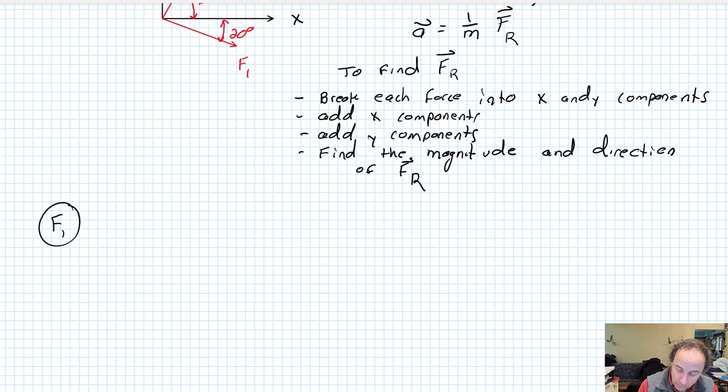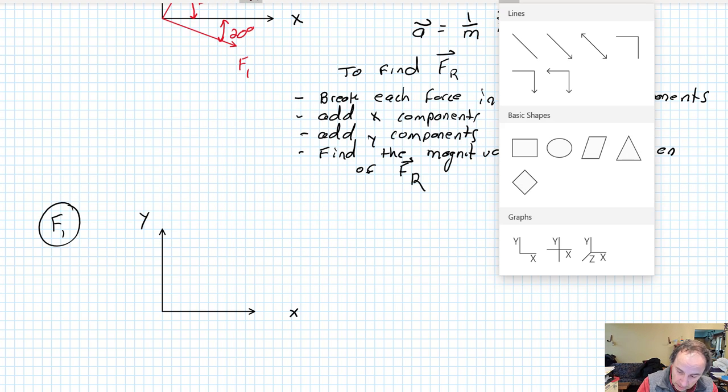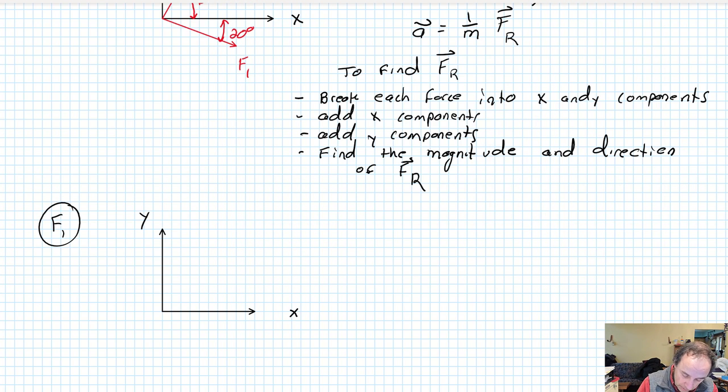Let's get our coordinate system back up here. We got an x and y axis. This is our plus x going out this way, our plus y going out this way. We said that our F1 was acting below the x-axis, like that. This was F1.